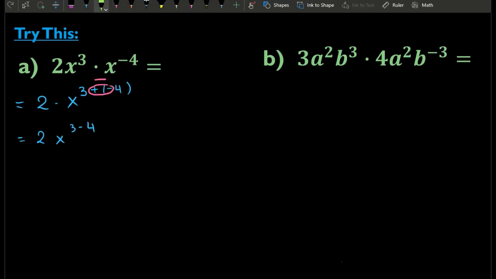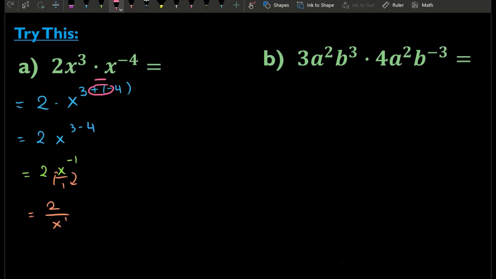That gives us 2 times x raised to the -1. Because of the negative exponent, you put 1 under and flip it. That gives you 2 on top and x to the 1st power at the bottom. Again, we don't flip the 2 because the power applies only to the x, not the 2, unless you have parentheses around 2x.